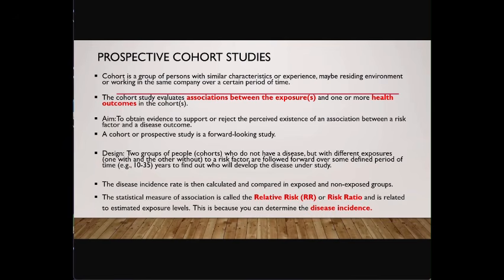Incidence of the disease in exposed people over the incidence of the disease in the unexposed people. So the incidence of the disease in the exposed people is 10 over 100, because as I said, of the 100, 10 people develop disease.